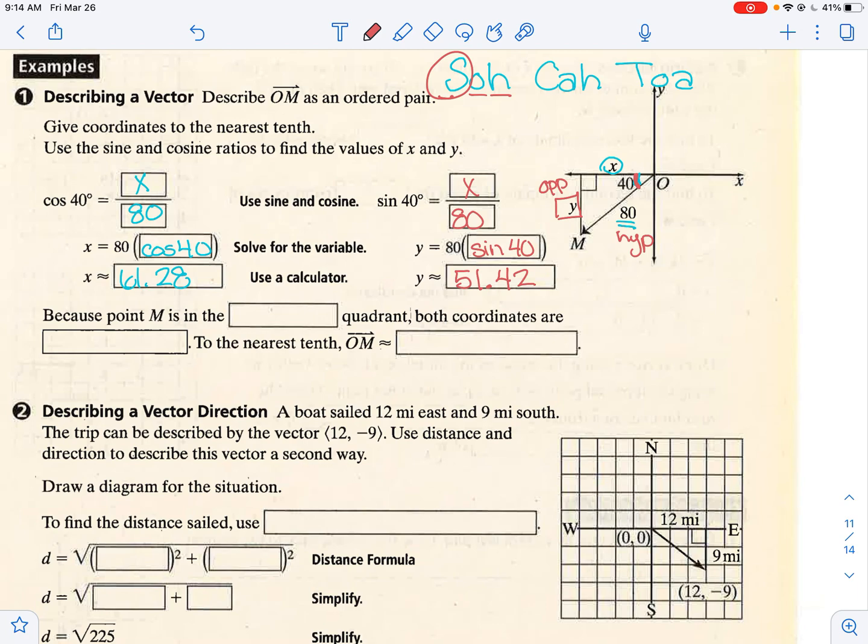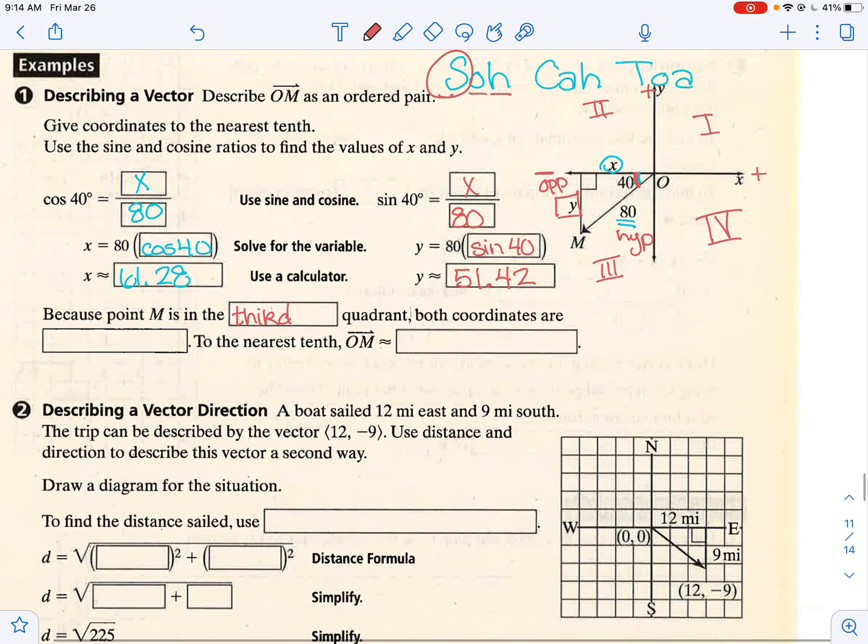So because point M is in the third quadrant, remember this is 1, 2, 3, and 4. And we know we've got positives to the right and up, and negatives to the left and down. So since point M is in the third quadrant, both coordinates are negative.